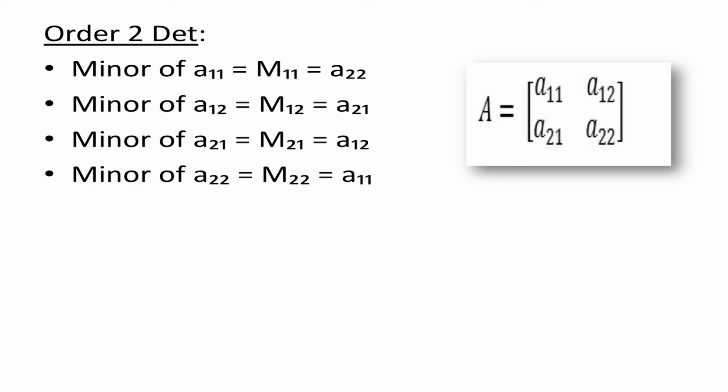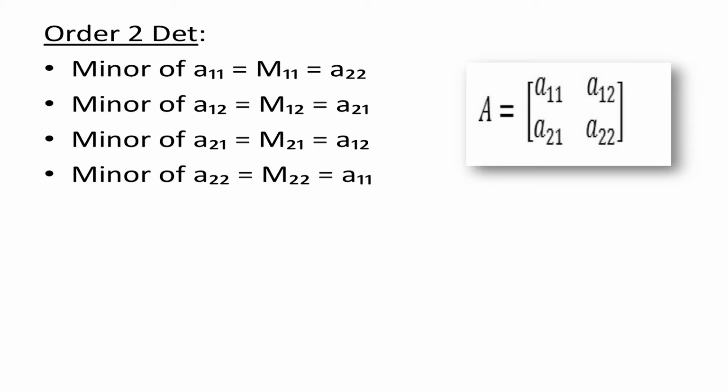A11 lies in row 1 and column 1, so we delete that row and that column, and the resultant element is the minor. So, the minor of A11 is A22. Similarly, for the minor of A12, we delete row 1 and column 2, and the resultant element, A21, is the minor of A12. This is how we find the minors of an order 2 determinant.